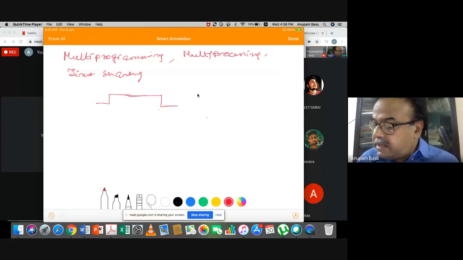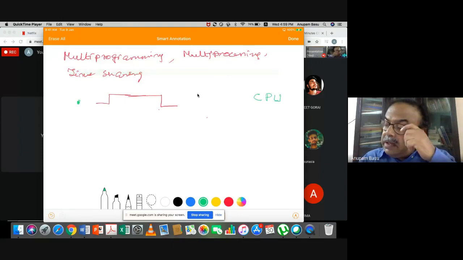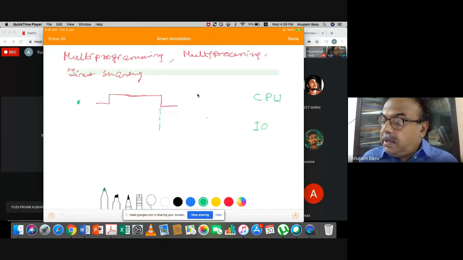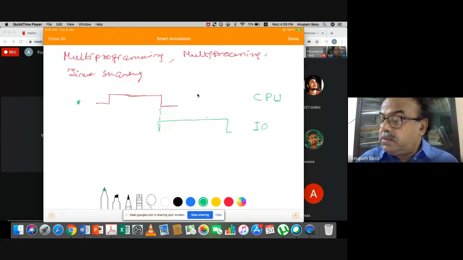So this is the CPU line, and here is the IO line. At this point, the green started its IO and is no longer in the CPU.